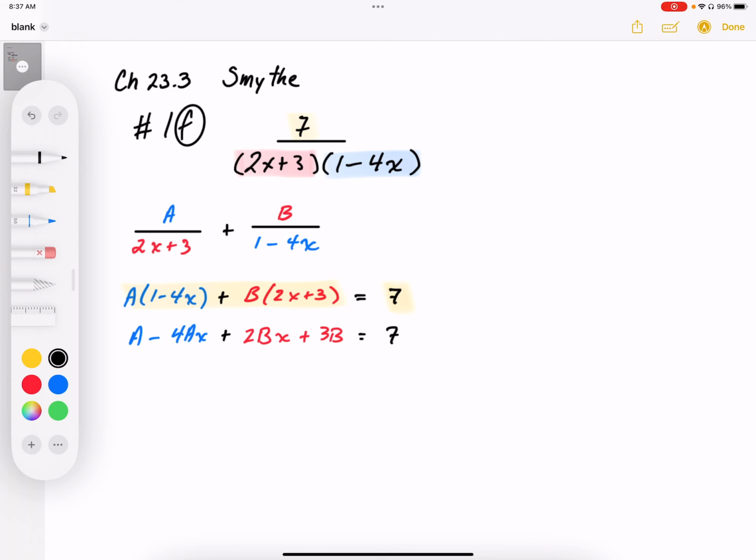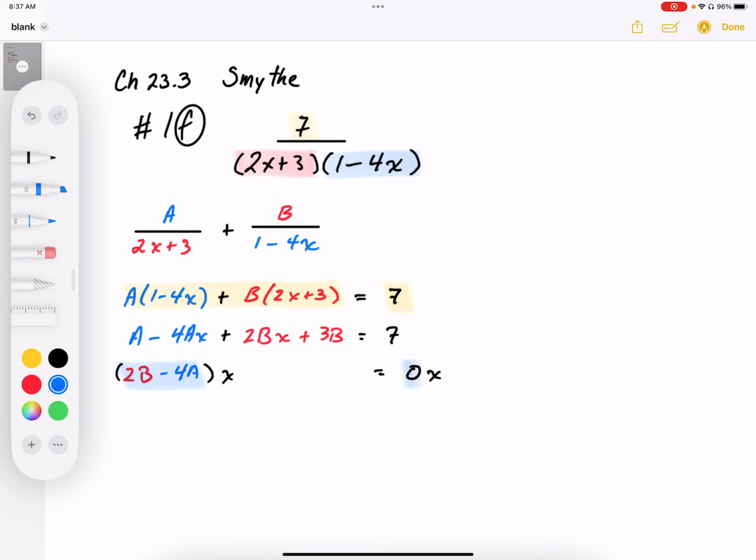Okay, so we can see that if I group the terms, I have 2b minus 4a, and that's a coefficient on x. And there is basically a 0x term on the right-hand side. So when we match this up, we can say that this expression is equal to 0.